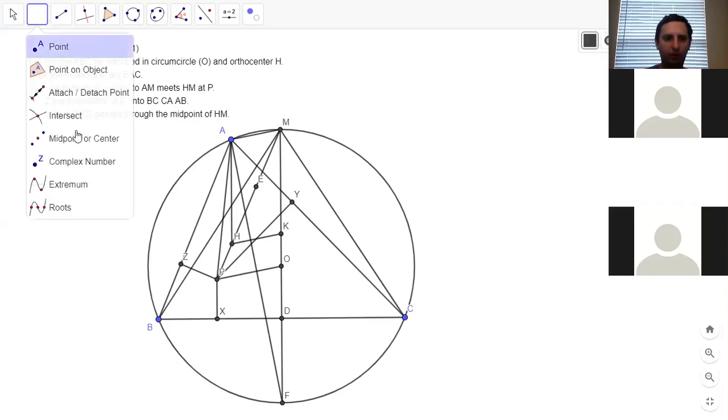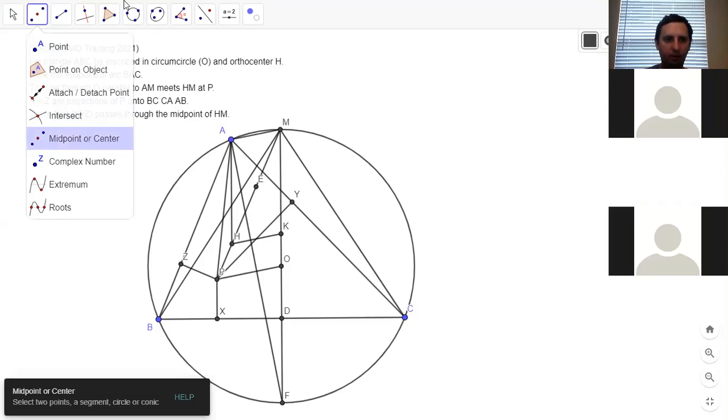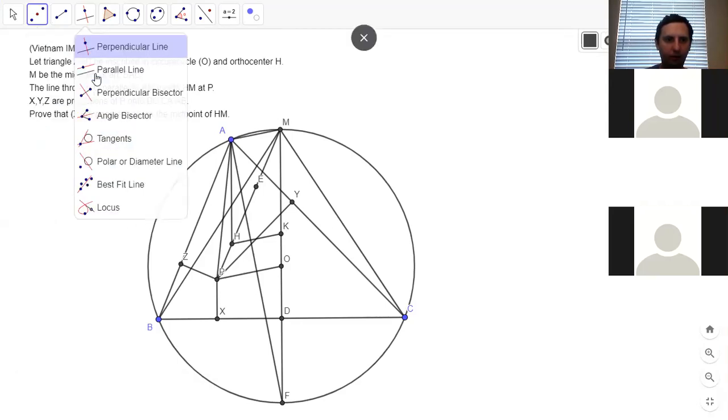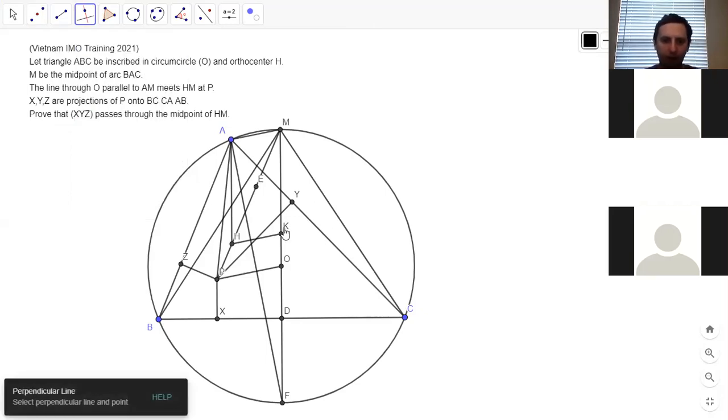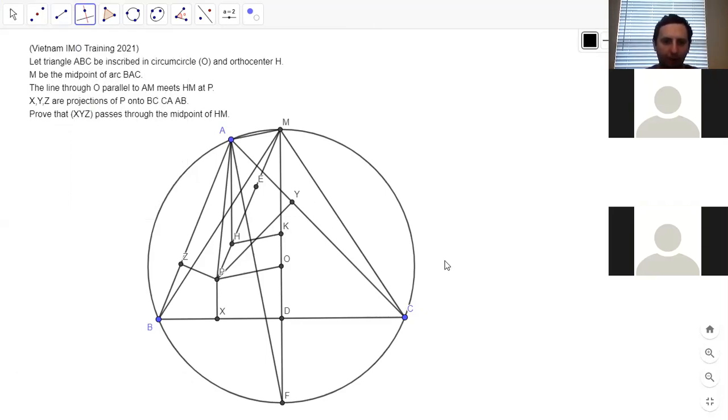So for example, let me draw the perpendiculars. So step one is to show P and K are isogonal conjugates.